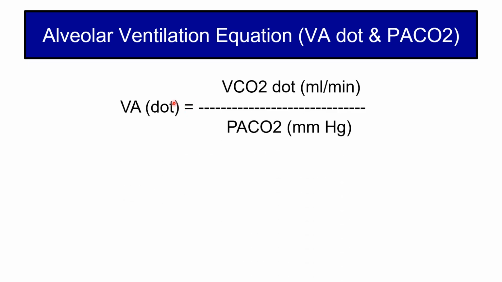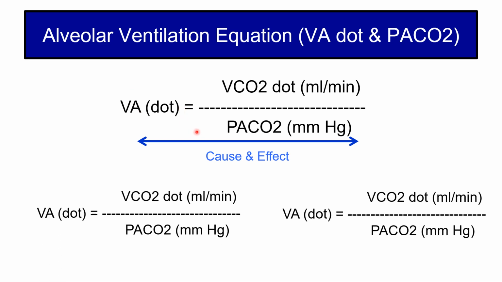Again, VA dot is directly related to the carbon dioxide production over that of alveolar carbon dioxide. This has a cause-effect relationship. This may affect this one, or this may affect this one. So we rewrite it this way and analyze the relationship. If the carbon dioxide production of the body is constant and the VA dot is going to increase, what is going to happen to the alveolar carbon dioxide tension?